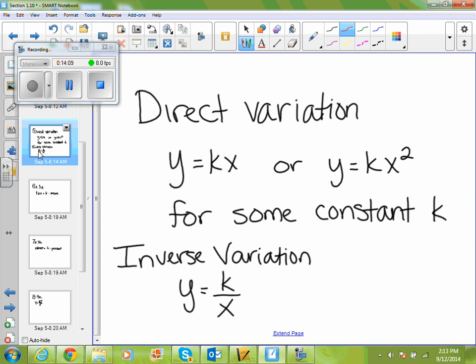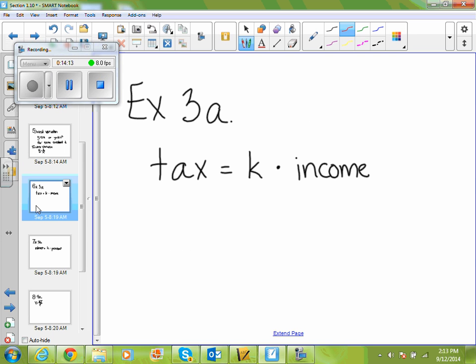Okay, so let's look at an example of a direct variation. We're finding out our tax. In Pennsylvania, the state income tax is directly proportional, so it's a direct variation, to gross income. You're working in Pennsylvania and your state income tax deduction is $46.05 for a gross income of $1,500.